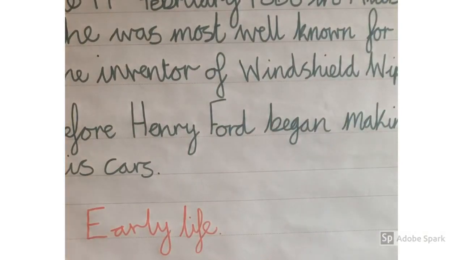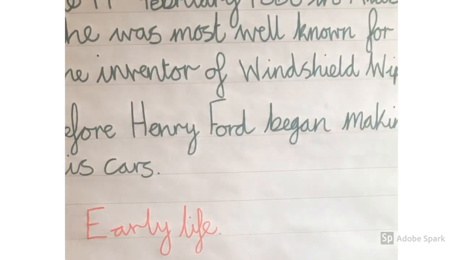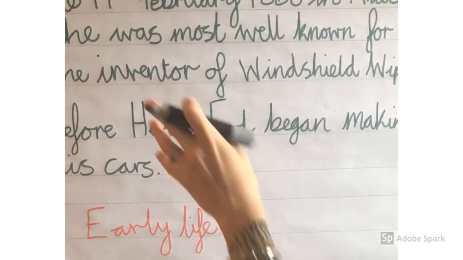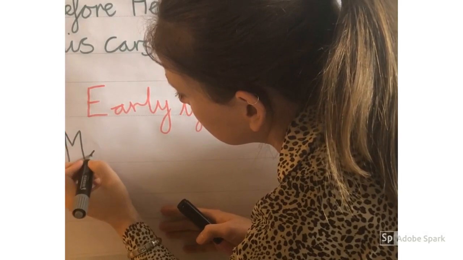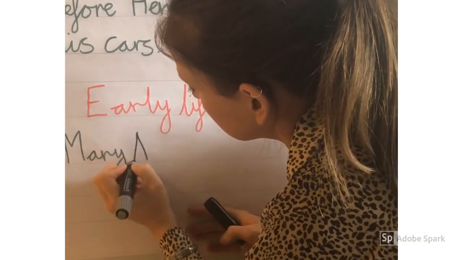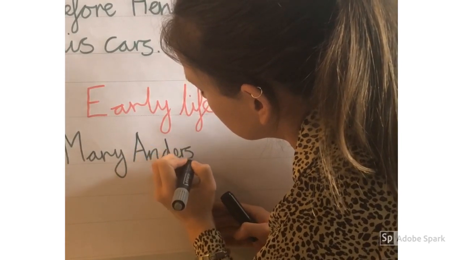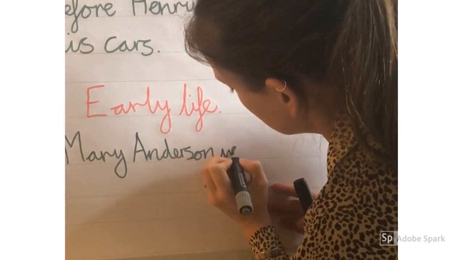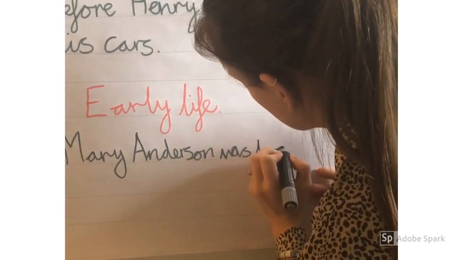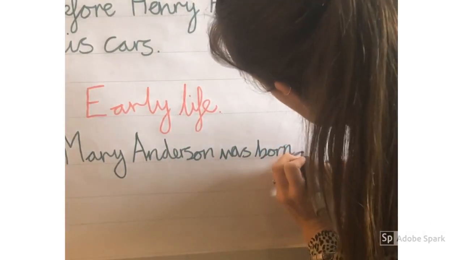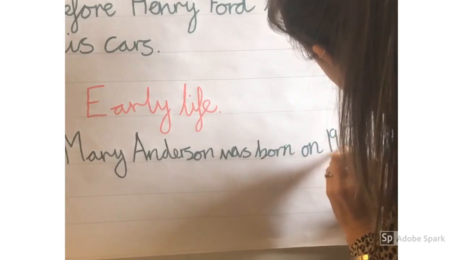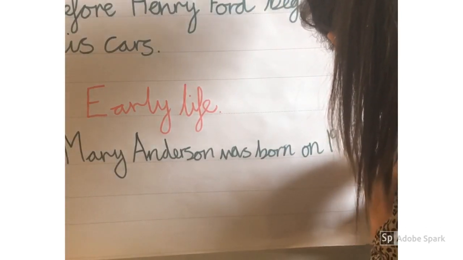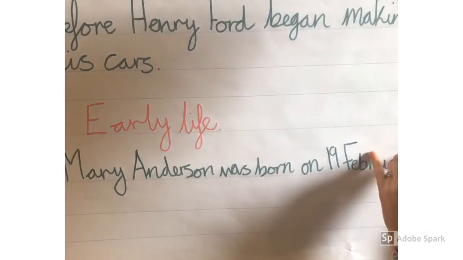Okay, it's my first subheading, and I'm going to start it off, obviously, with saying, again, it might be repeating a little bit of this information, but we can say Mary Anderson was born on the 19th of February 1866.